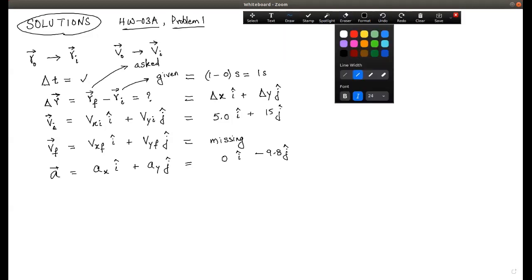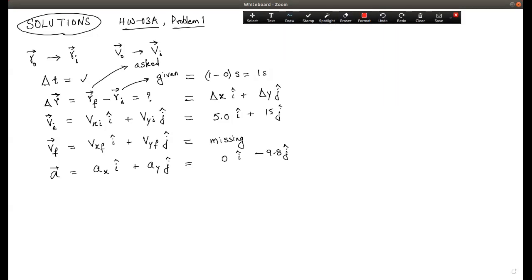Notice that your x direction separates out completely from the y direction. Correct? And the time is common for both. So that's the way you learn how to do this.